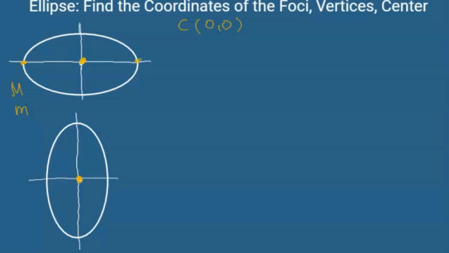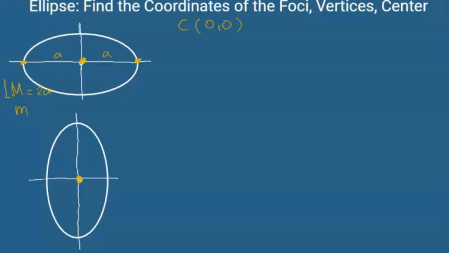Okay, and the length of the major axis from the center to the other end of the diameter, we will represent that as A. So the overall length will be equal to 2A.